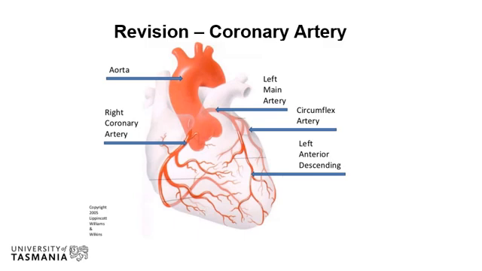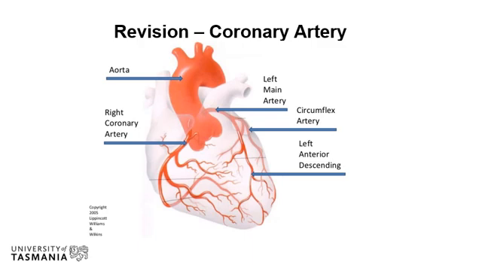This is known as coronary perfusion pressure, and it's essentially the difference between the diastolic pressure in the aorta and the diastolic pressure in the right atrium, creating a pressure gradient which results in coronary blood flow. This is important clinically as in cases of tachycardia, there's less time spent in diastole, so the heart is at rest for much less time.